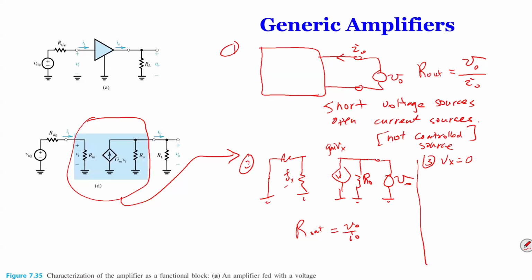This is its own loop. How much current is in the loop? Zero. There's no voltage source, and ground to resistance. If the current is zero, how much is the voltage over here? Zero. If that's zero, how much current is over here? Zero. If the current is zero, what do you do? Open it. So you can open it.